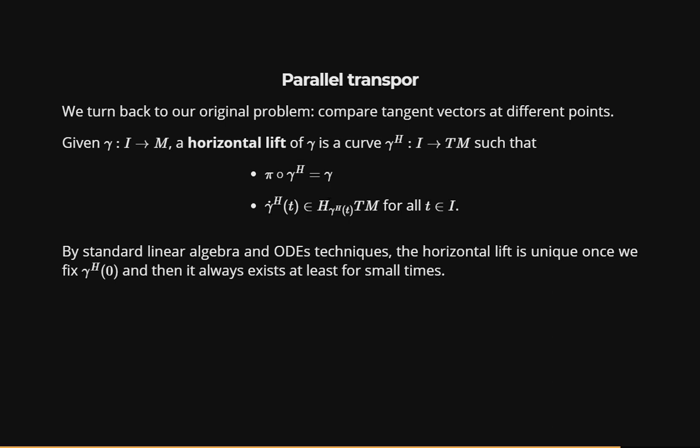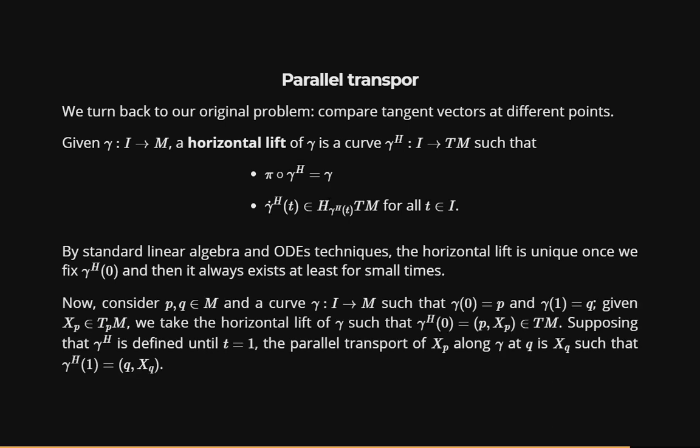So a point in the tangent bundle is of the form P, some vector. So the choice we have is that we can choose the starting tangent vector above as a point in the tangent bundle. And this thing exists at least for small t.